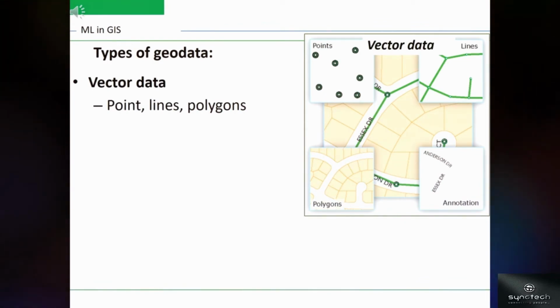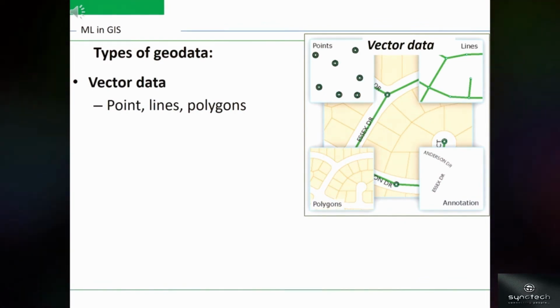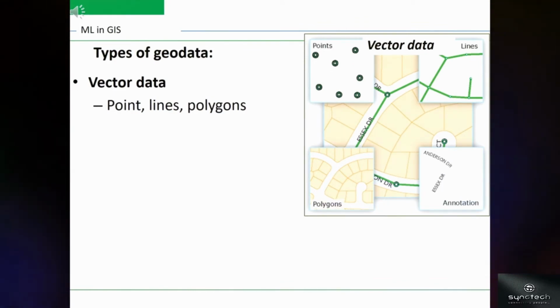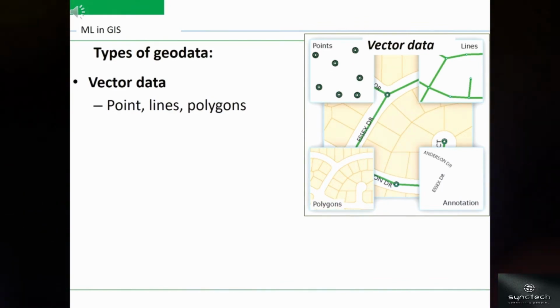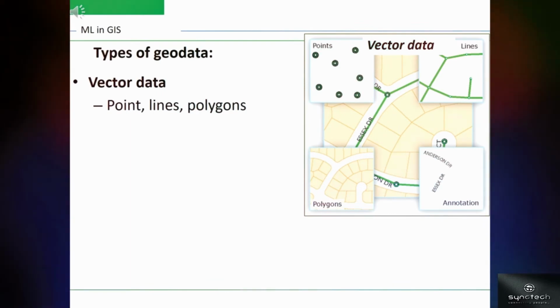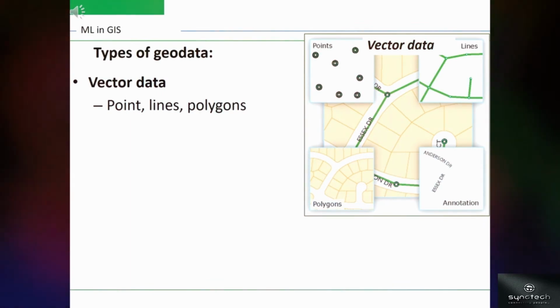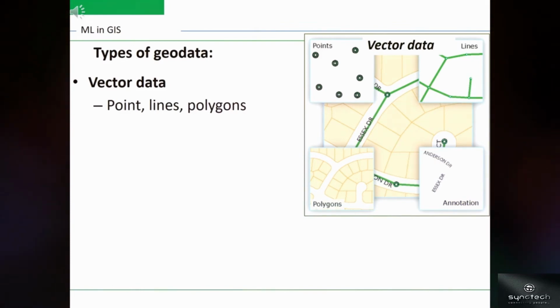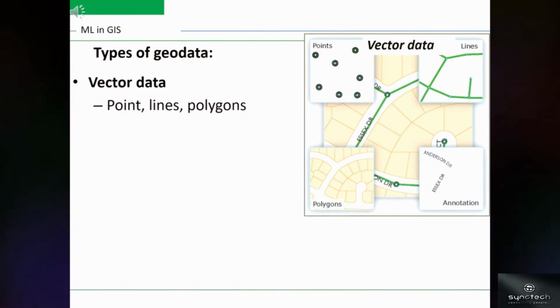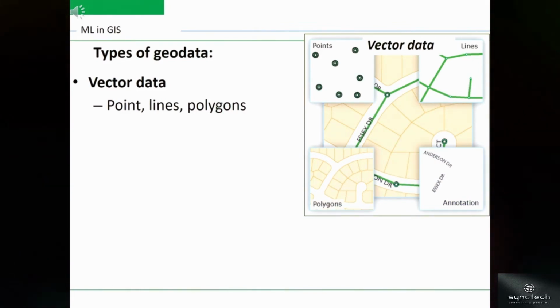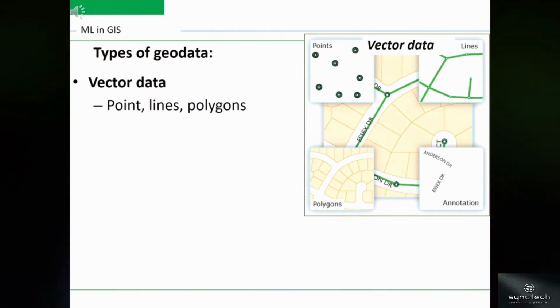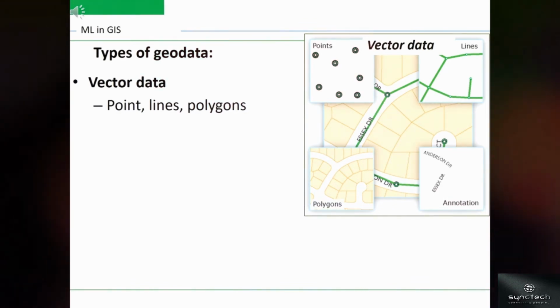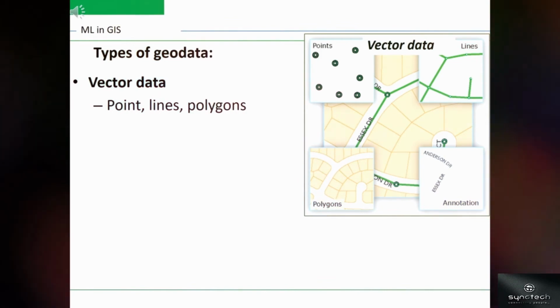Vector data consist of vertices and paths. The representations of different types of vector data could be seen on this slide. The three basic types of vector data are points, lines, and polygons. Each point, line, and polygon has a special reference frame, such as latitude and longitude, which is simple geographic coordinates.